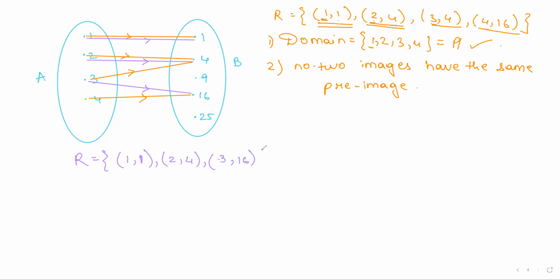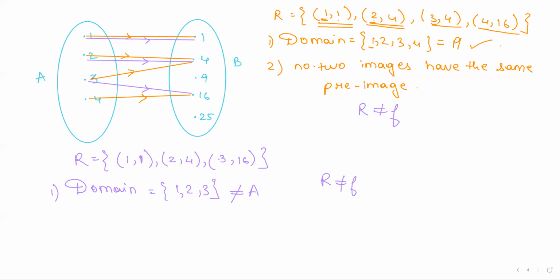The domain is 1, 2, 3, which is not equal to your set A. So by default, your relation is not a function.